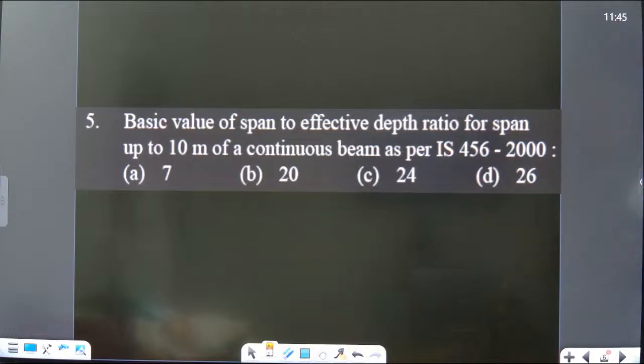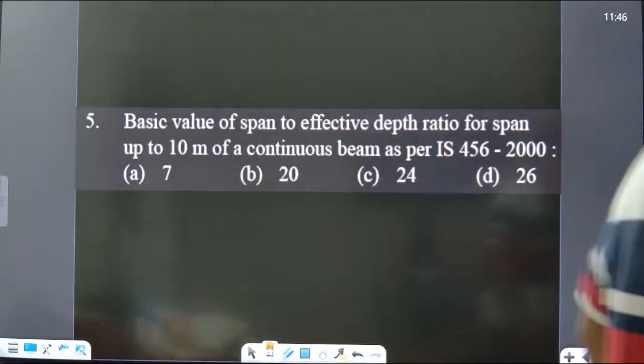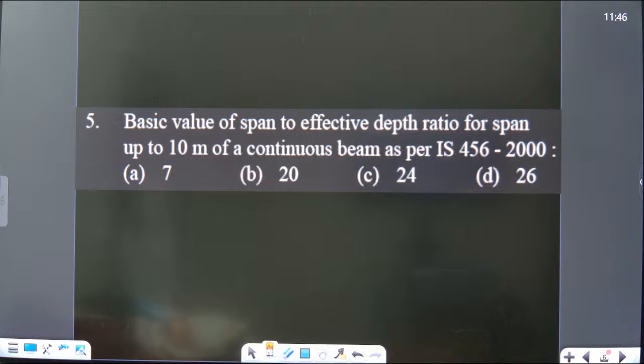Answer this question. What will be the correct answer?